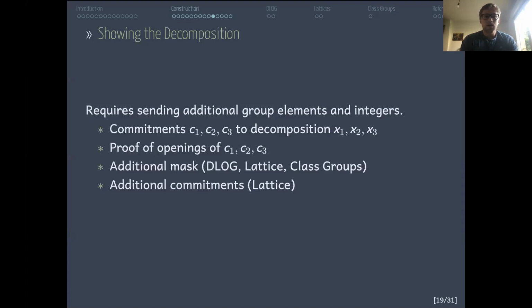And in the D-log, lattice, and class group settings, which are the 3 settings for which we instantiated the framework, we need 1 additional mask, so 1 additional integer to send to the verifier, and in the latter setting, we also need an additional commitment to send. So this is essentially the overhead that we have to pay if we want to show the decomposition. It's not a lot, as you see.